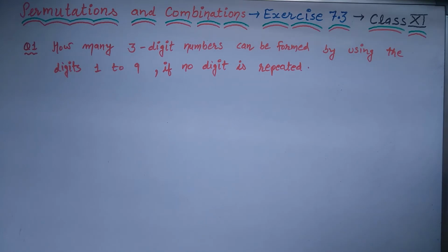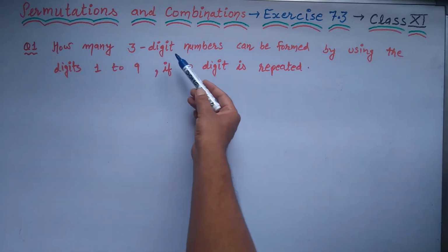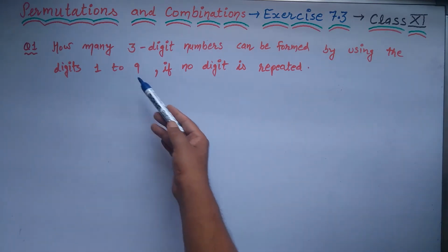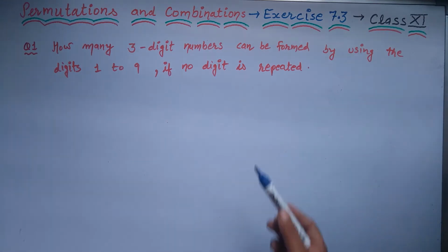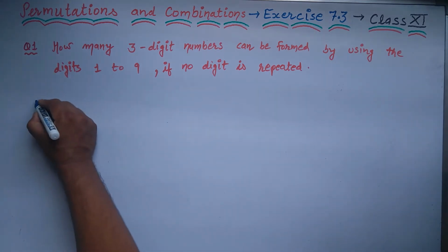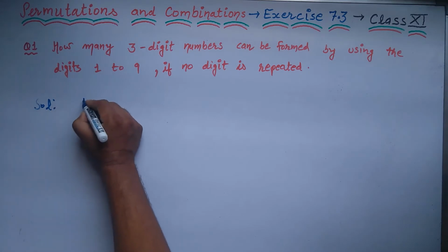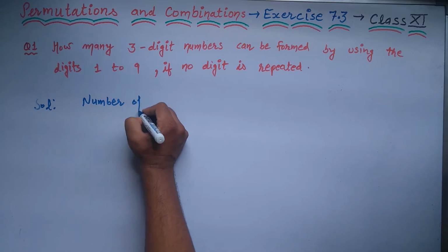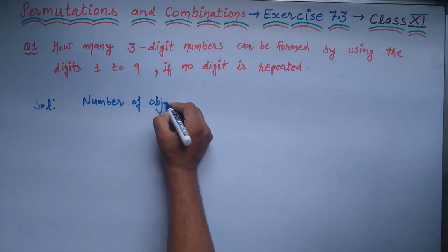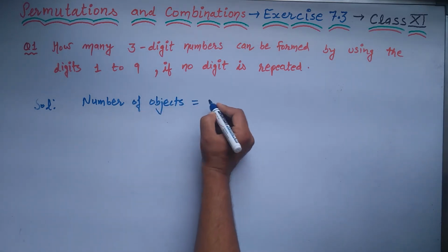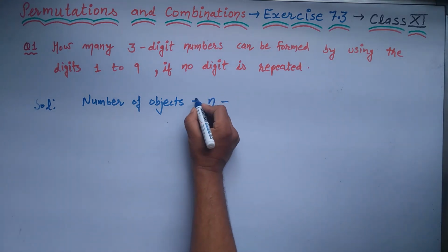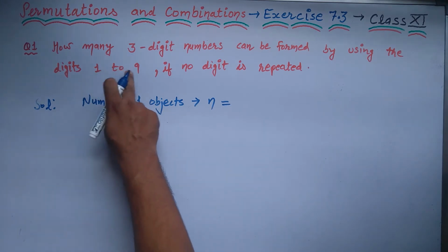The very first question: how many three-digit numbers can be formed by using the digits 1 to 9 if no digit is repeated? So first of all, the number of objects is equal to n, and here the value of n is 9.